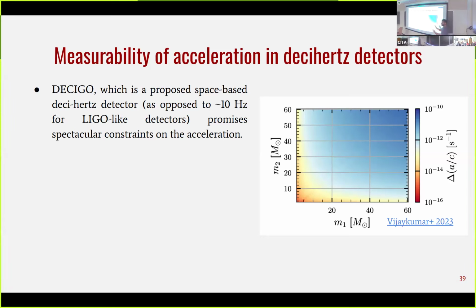For context, if GW170817 had happened when Desigo was operating at its design sensitivity, you could actually say that it was roughly 2 kiloparsec from the center of its galaxy, without observing an electromagnetic output. That's the real power of this: you can start to probe the formation or merger environments of these binaries without actually localizing them on the sky.